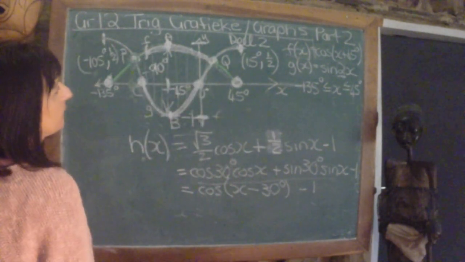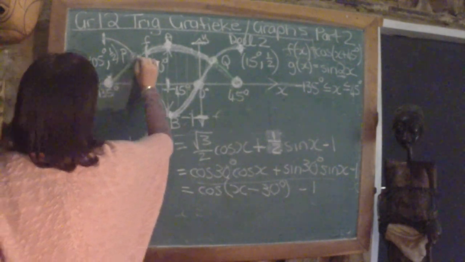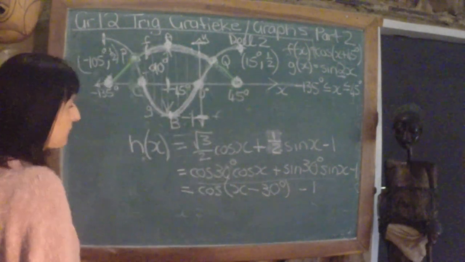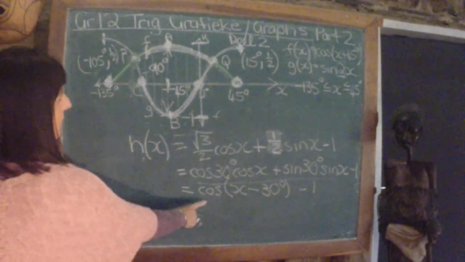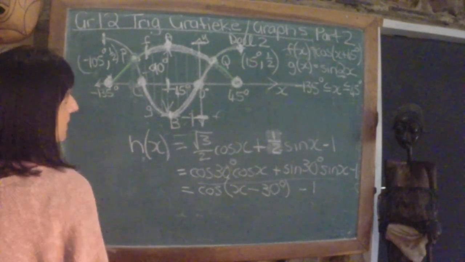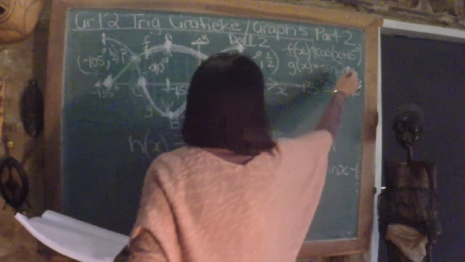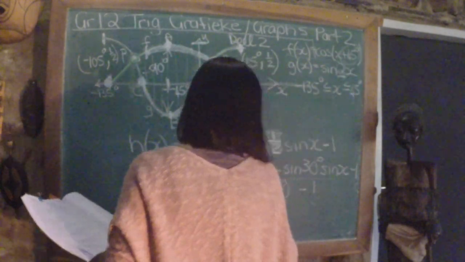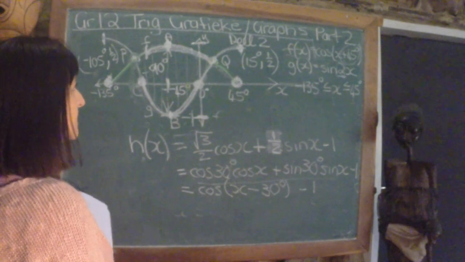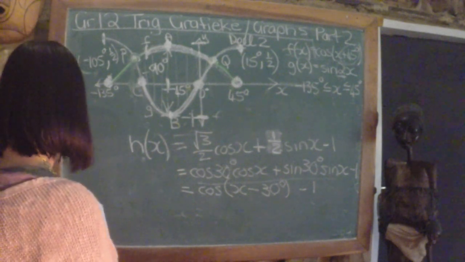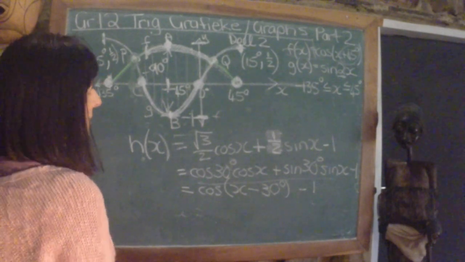So now we can refer back and we want to know how is this graph being shifted or transformed to form this graph. So let's see. From plus 45 degrees, it went to minus 30 degrees. So it shifted 75 units to the right.